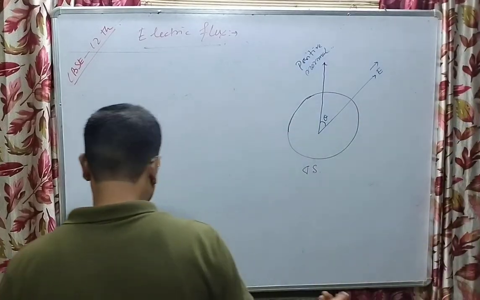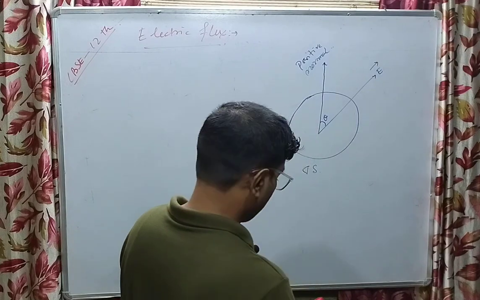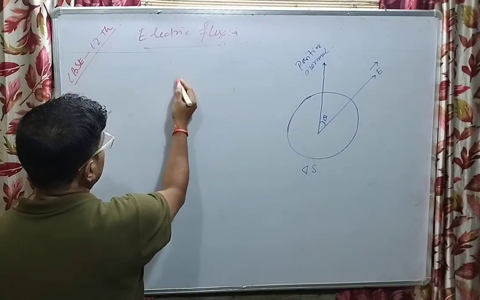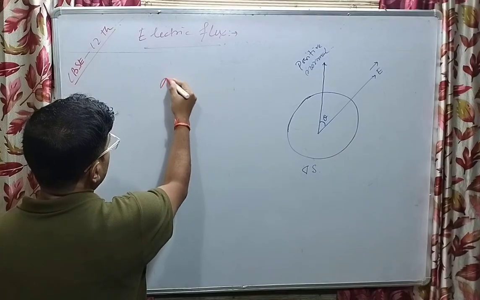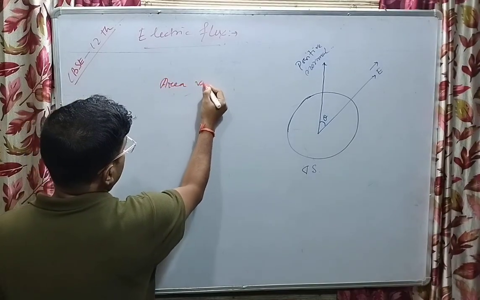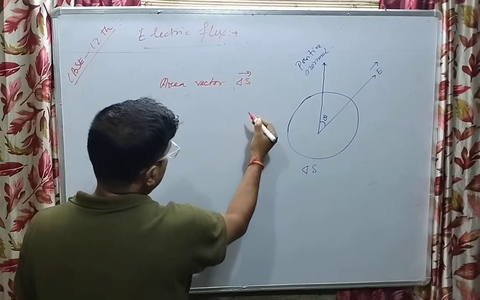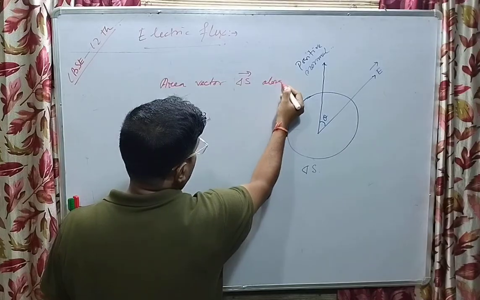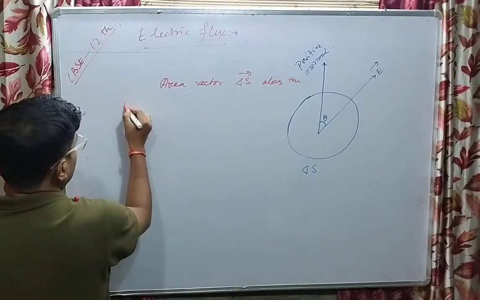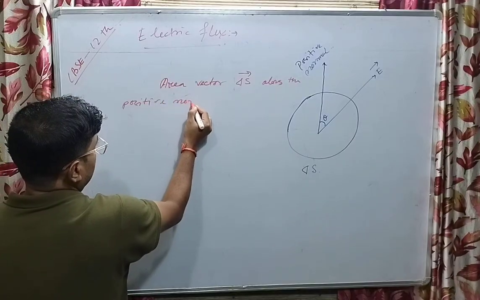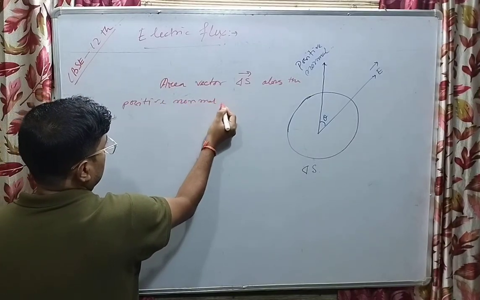And again, I have to consider an area vector delta S along the positive normal, right?